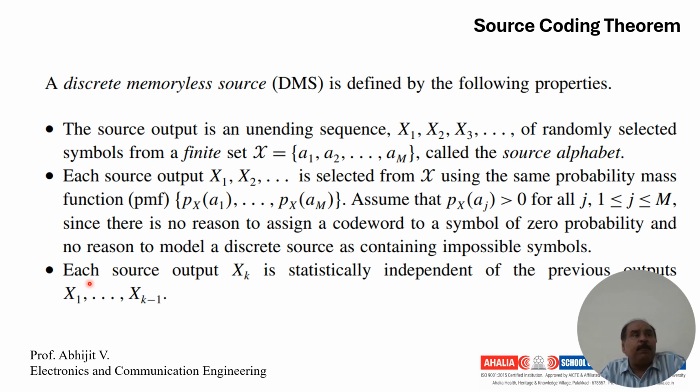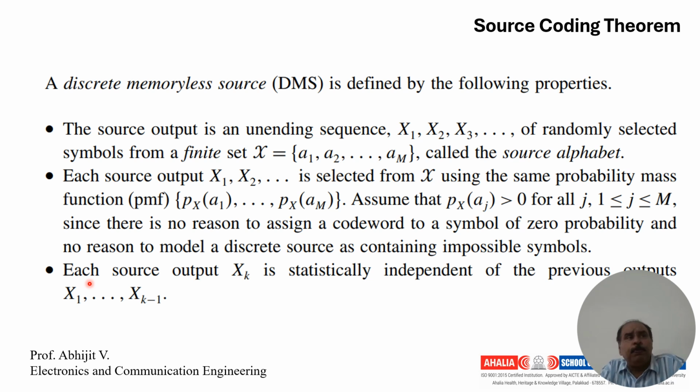Okay, the probability mass function at each point is assumed to be positive, because if it is a zero probability mass function, we don't need to transmit it, because we have no chance of that particular symbol appearing at the other end. So what we are doing is transferring symbols. A symbol is a group of bits or a set of bits. You have to understand what a symbol is. A symbol is a set of bits.